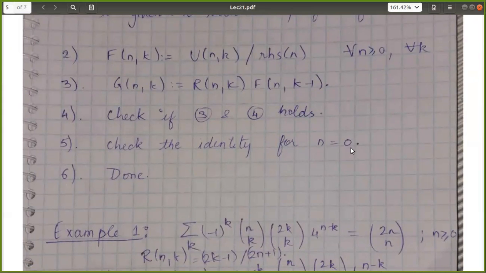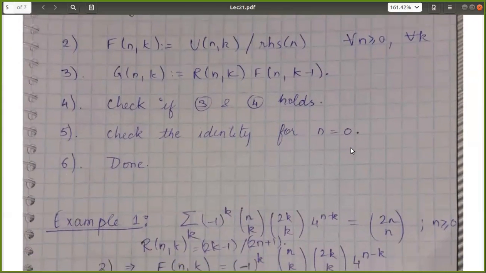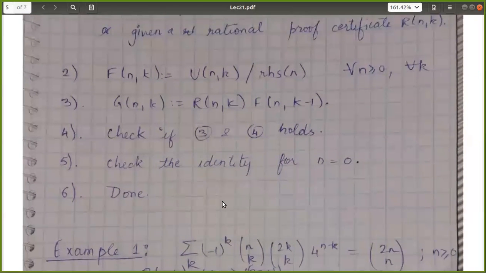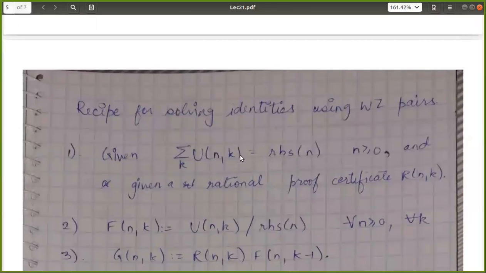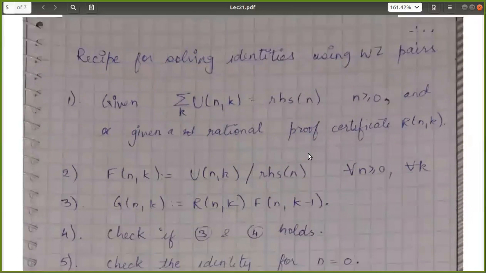So if I start with, let's say, this particular summation over k of (-1)^k times n choose k times 2k choose k times 4^(n-k) equals 2n choose n. So you see this equation again, this is summation of u(n,k) over k equals RHS of n.